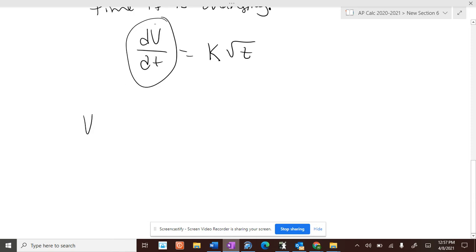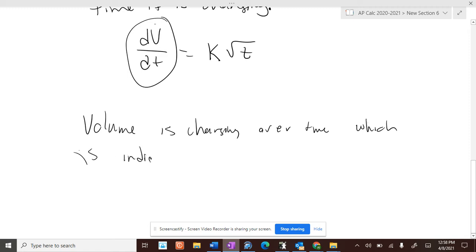So let's say volume is changing over time, which is inversely proportional to the square of the time.